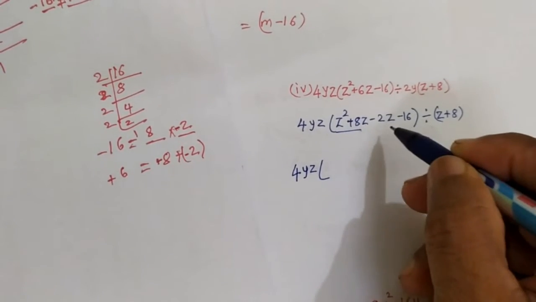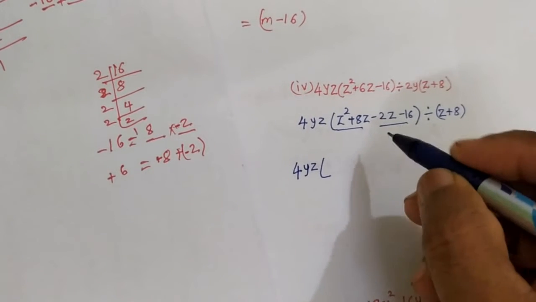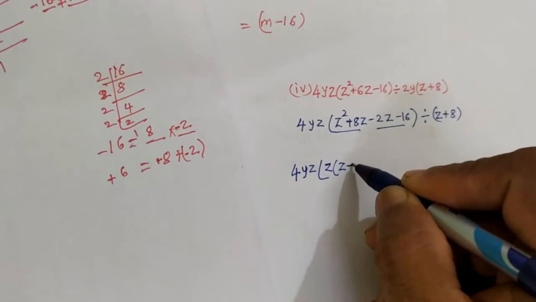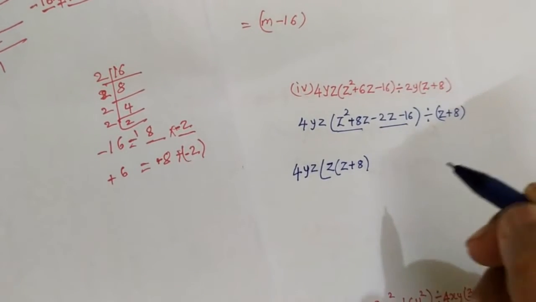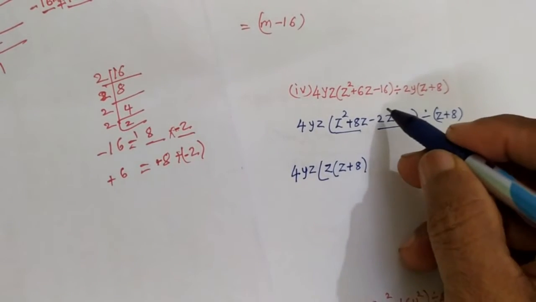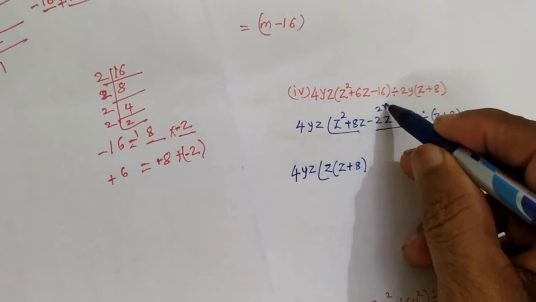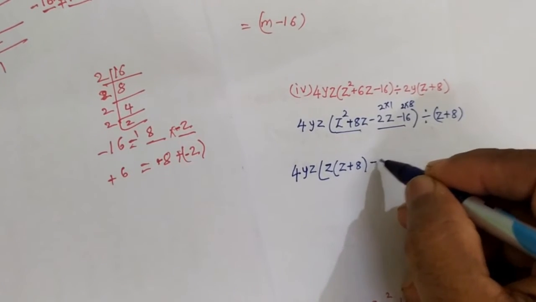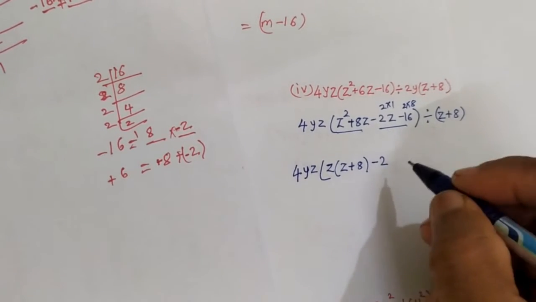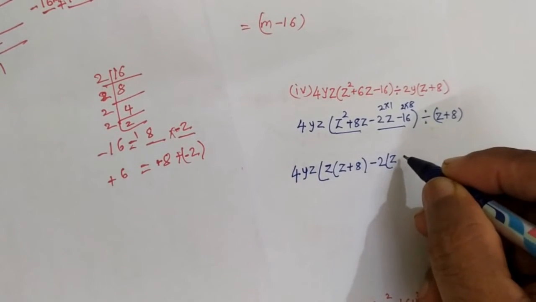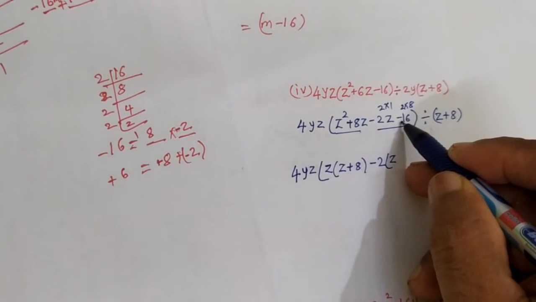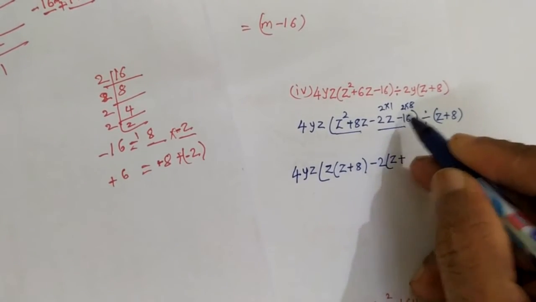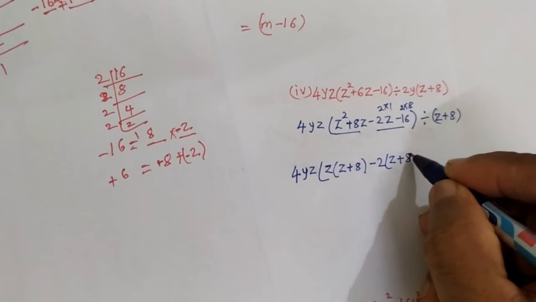Now common between these two is z into the bracket z plus 8. Then here the common is 2: 2 1s are 2, 2 8s are 16. This is 2 into 8. Therefore minus 2 is common, and z in the bracket, and here it is minus, minus into plus is minus. So 2 8s are 16.